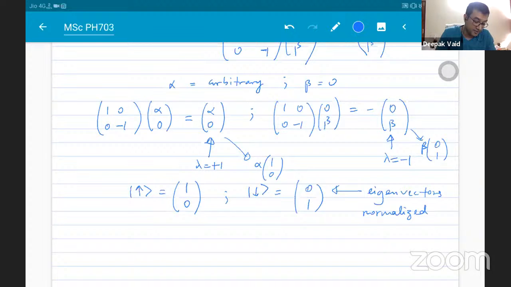If I take this eigenvector and normalize it, I will get this one. So this corresponds to lambda equal to plus 1, and this corresponds to lambda equal to minus 1.